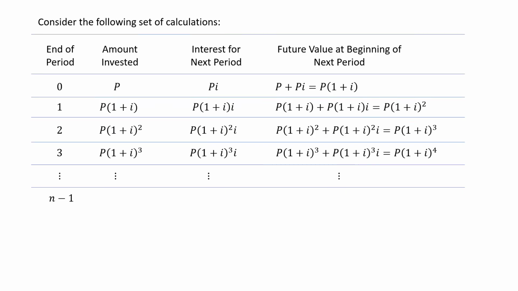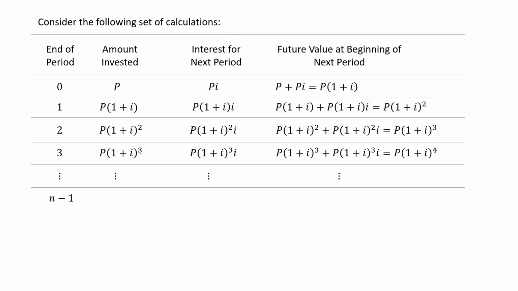Cool. What would this be? Can you guess from the pattern? I think we can, right? When we had 1, we had P times 1 plus I to the 1. When we had 2, 1 plus I the quantity squared.